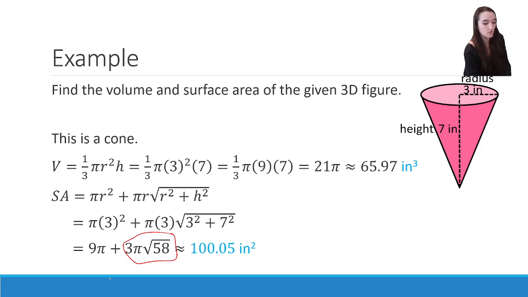So, we now plug this into your calculator because the square root of 58 is not a nice number, and we will get 9 pi plus 3 times pi times square root of 58 is approximately 100.05 square inches. And again, I really do implore you to try this in your calculator to make sure you know how your calculator works and how to plug things like this into it, because it can be kind of tricky. So practice this on your own.